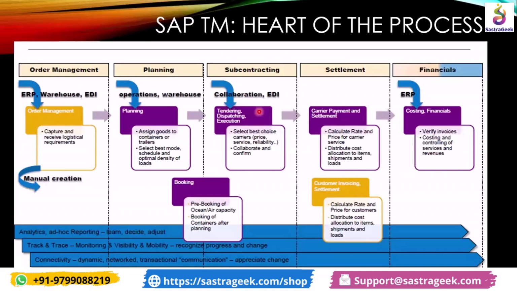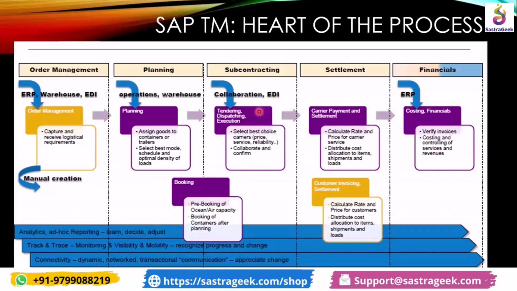Now with that truck, I need to actually identify at the ground level how I would go with that truck. Do I have my existing carrier, or do I choose a different carrier? Or do I have any separate mechanism? Tendering, carrier selection, or collaboration? Do you have such a mechanism?